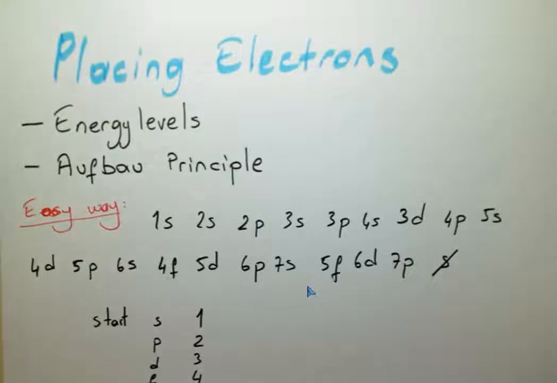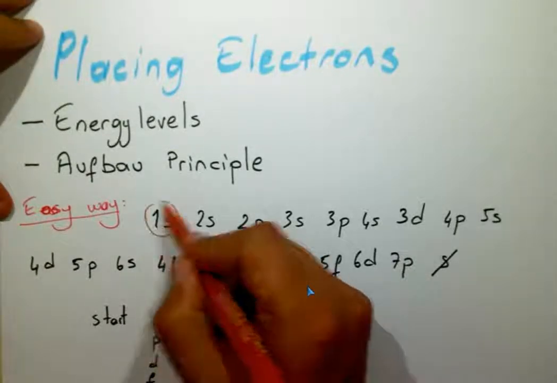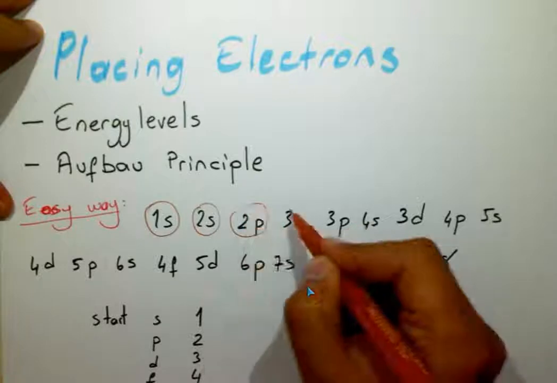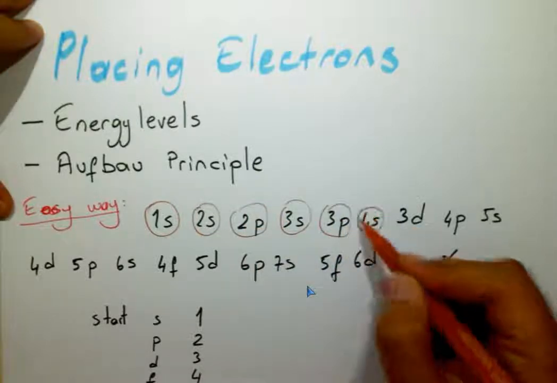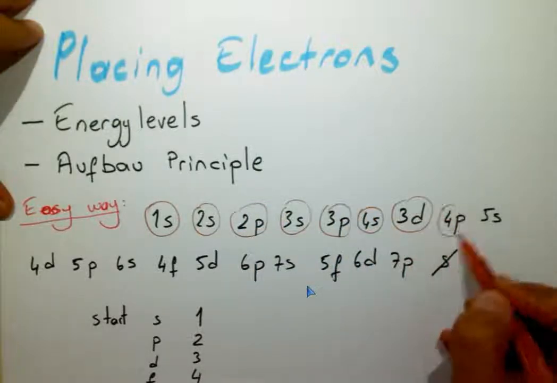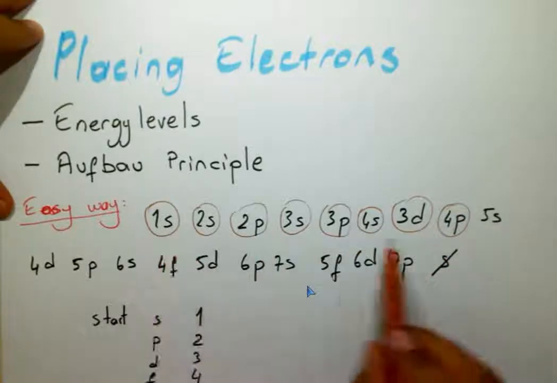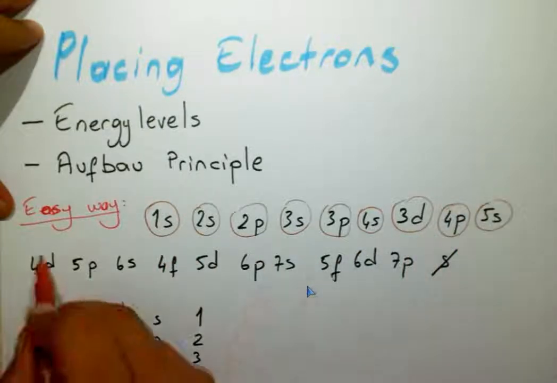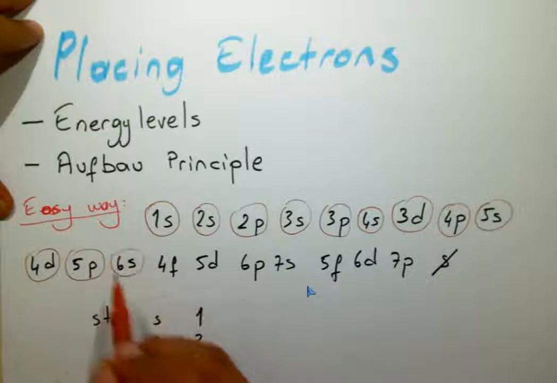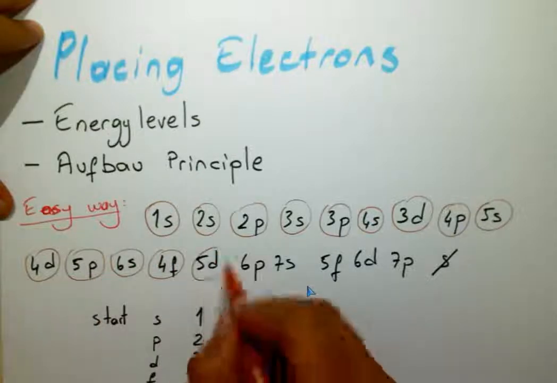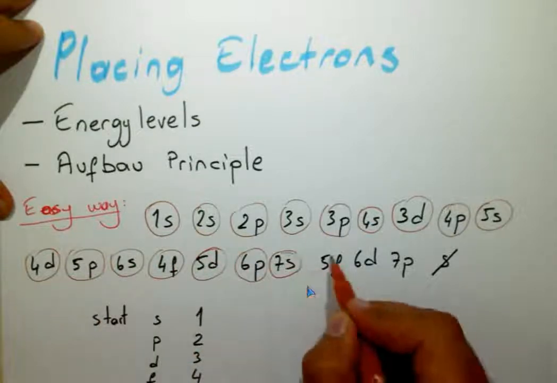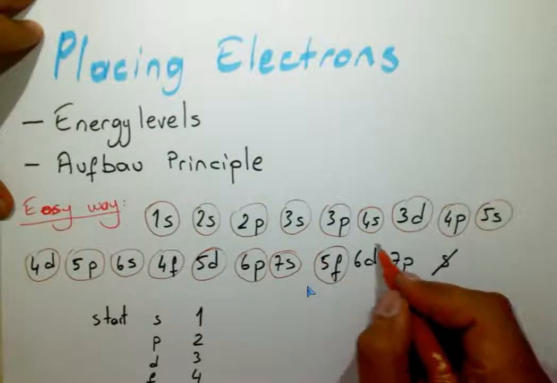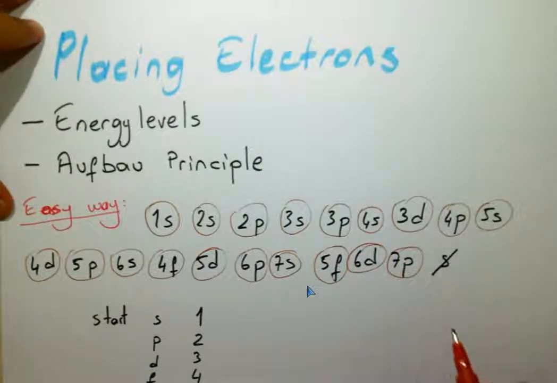So the orbitals in order are: 1s, 2s, 2p, 3s, 3p, 4s, 3d, 4p. These are in order of energy levels: 5s, 4d, 5p, 6s, 4f, 5d, 6p, 7s, 5f, 6d, 7p.